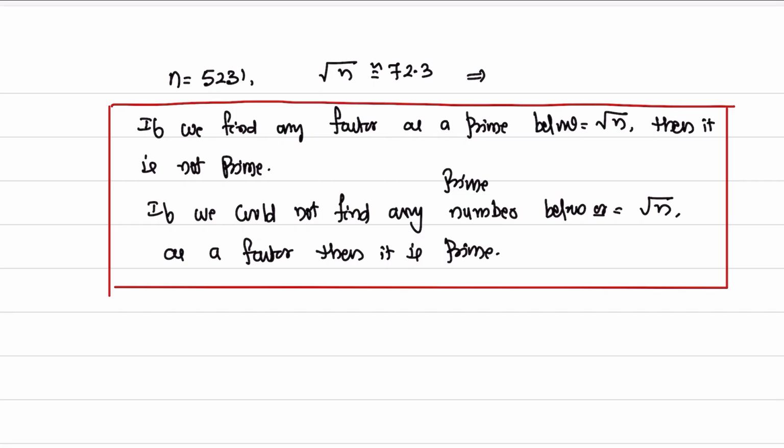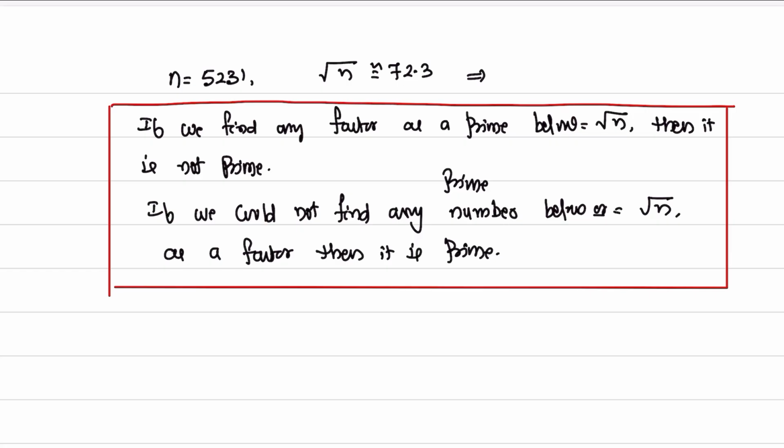In this case, 5231, up to 72, if you take the prime numbers, some prime numbers by themselves are prime numbers, but there may be a factor for 5231. We don't know. If you find any prime number below the square root of n as a factor for this given number, then that number is not a prime number.